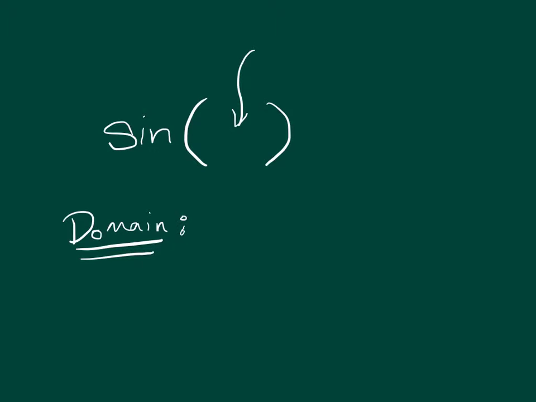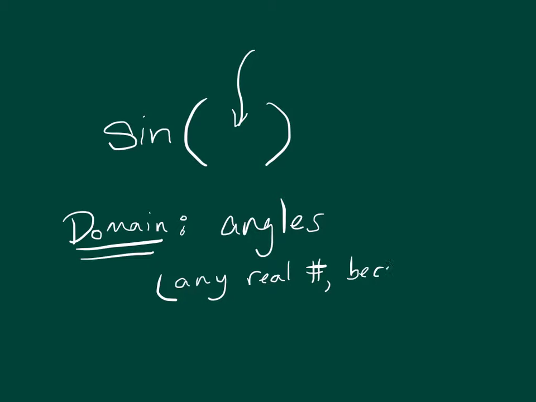So, conceptually, the domain of sine is all real numbers. They're angles. And it just so happens that for any real number, I get an angle. So the domain of sine consists of angles, and any real number, because any real number defines an angle.